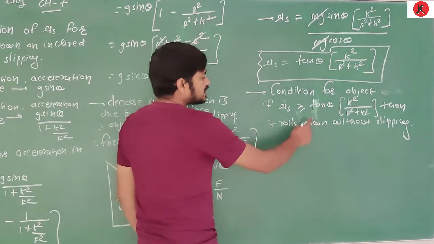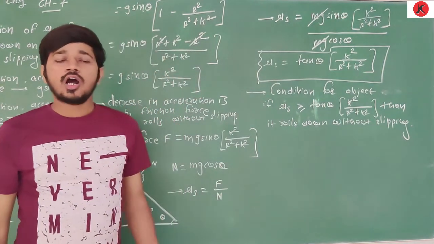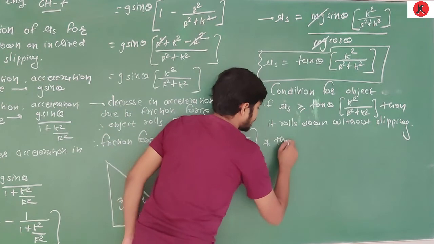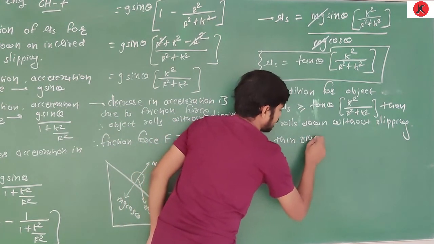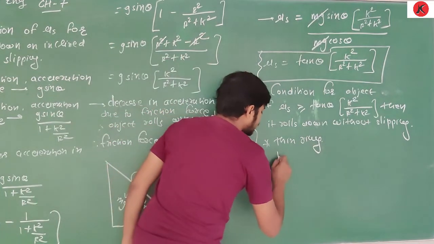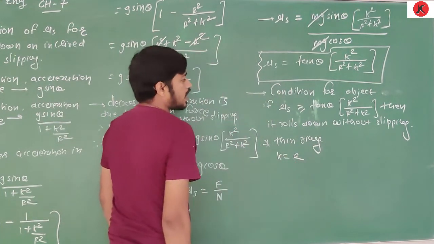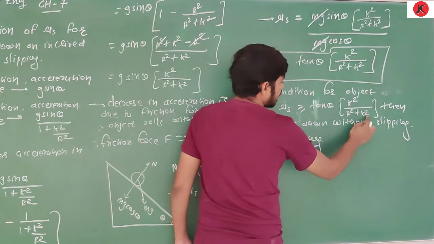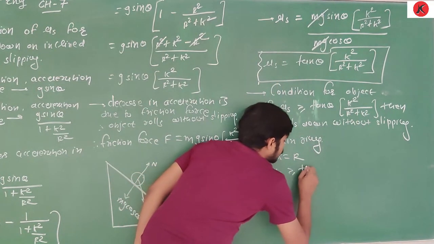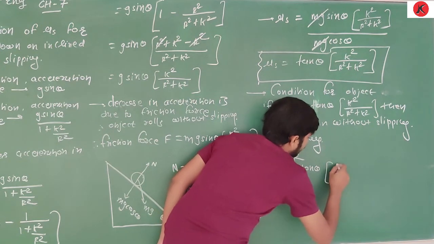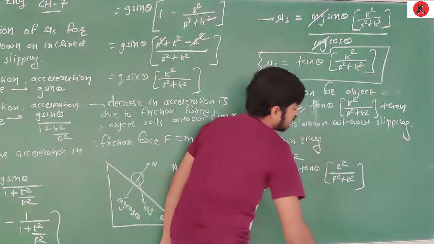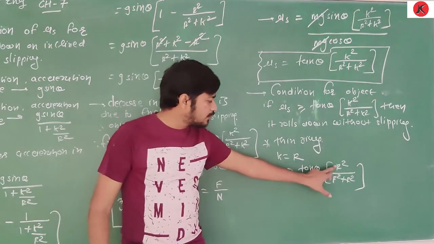Now, this is a general equation. So how to put values in the general equation? If you are given a thin ring, we know that the radius of gyration K is equal to R. So put K equal to R here and here. So mu s is greater than or equal to tan theta in bracket R square upon R square plus R square, that is R square upon 2R square.